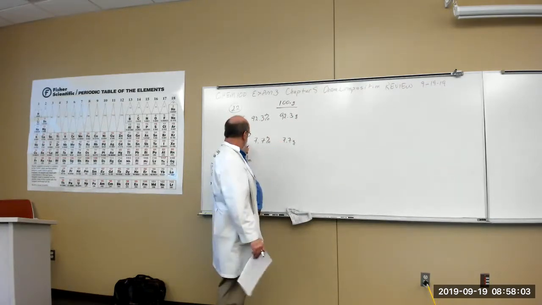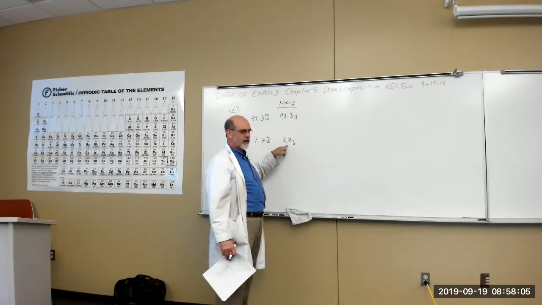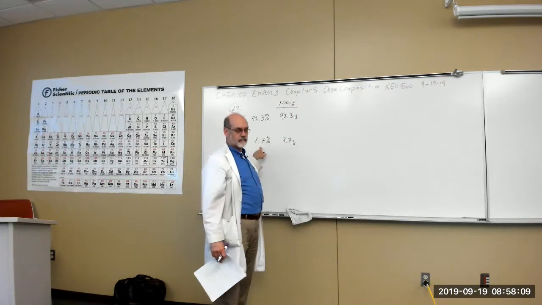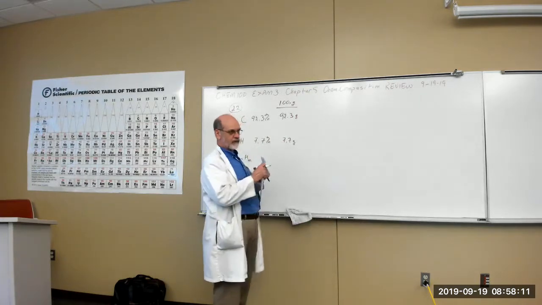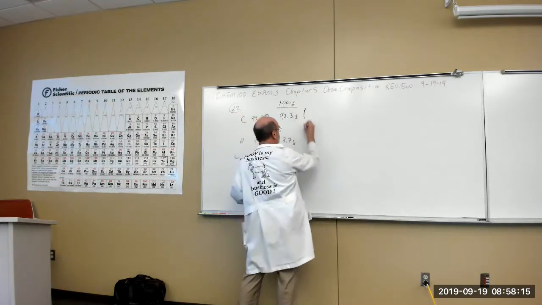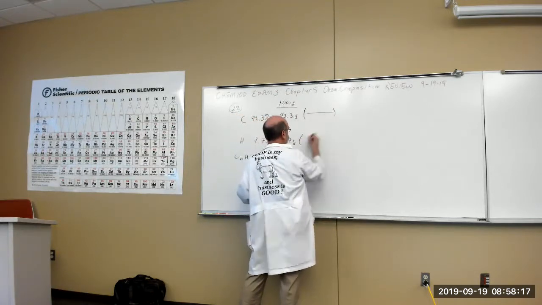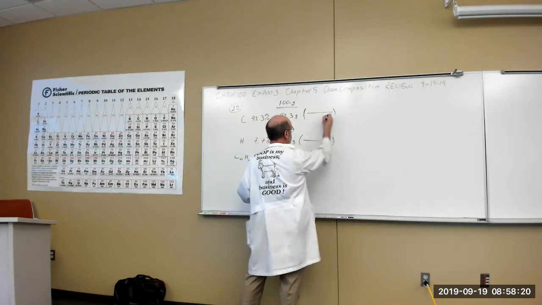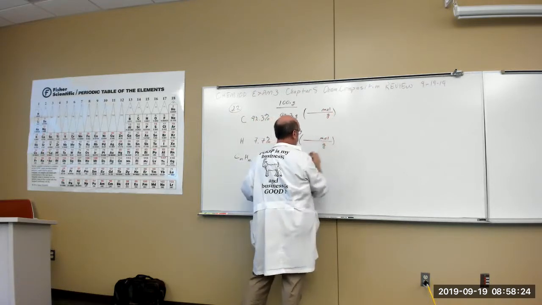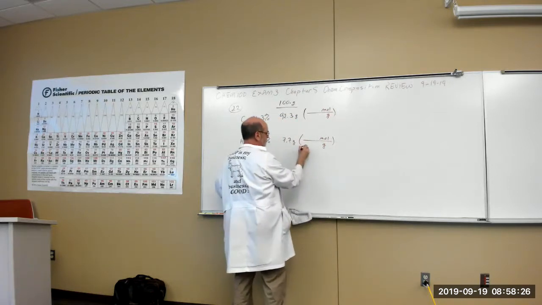So the mass percent of hydrogen is 7.7 divided by 100, which is 7.7%, right? So I haven't lied. That's the truth. But now we need to convert to numbers of each one. Grams on the bottom, moles on the top. Molar mass is what you need.